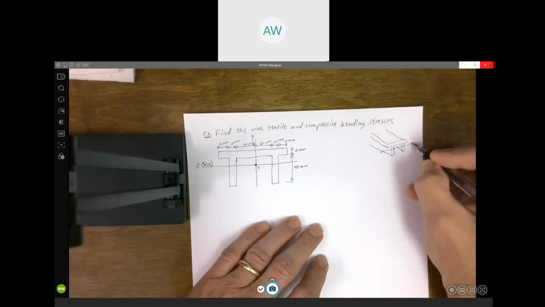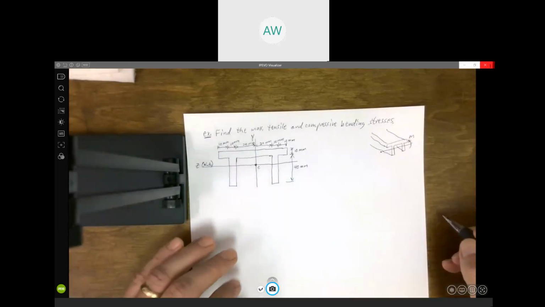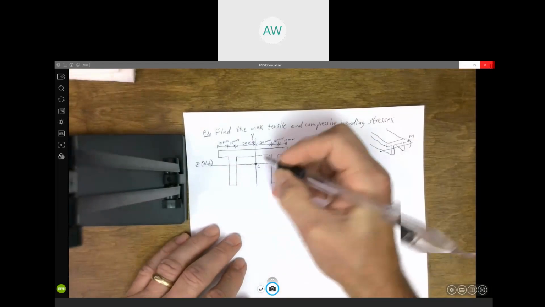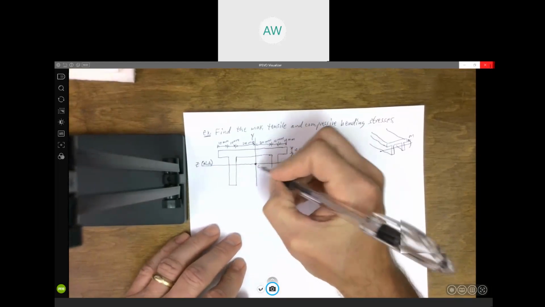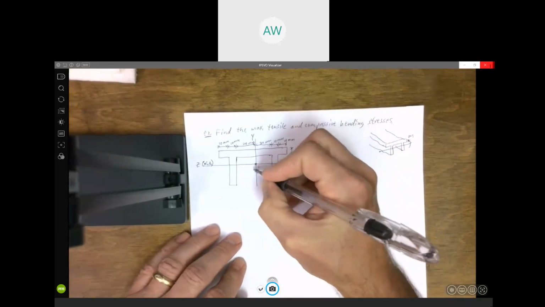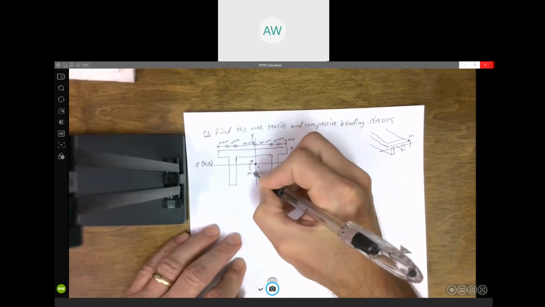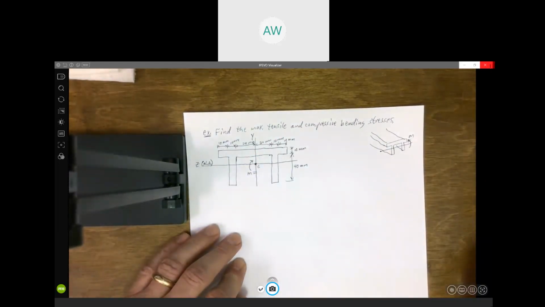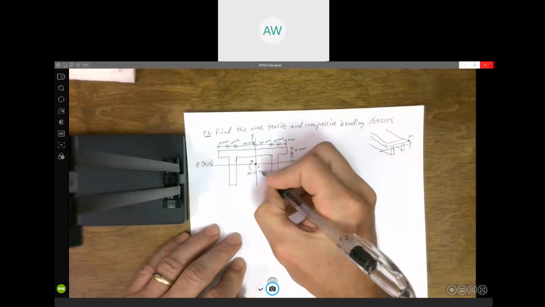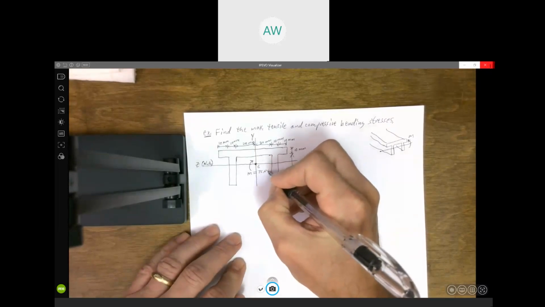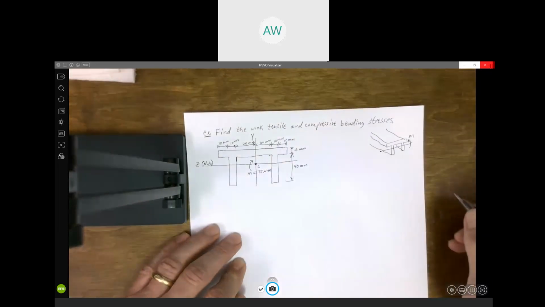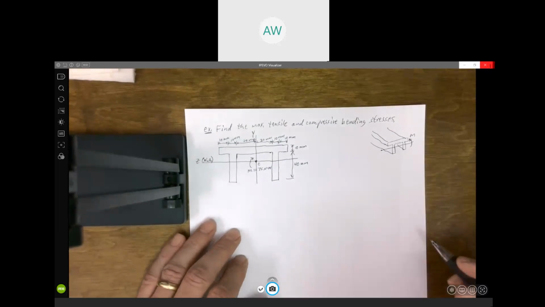And we got a moment that's going to be applied this direction. We're going to bend it this way, and the magnitude of that moment is 75 Newton meters.